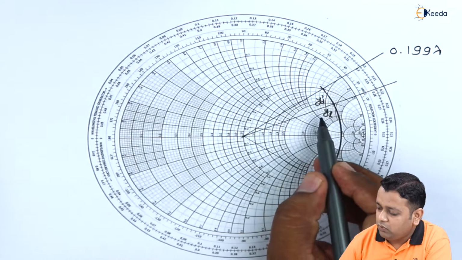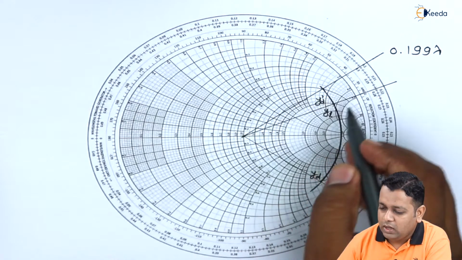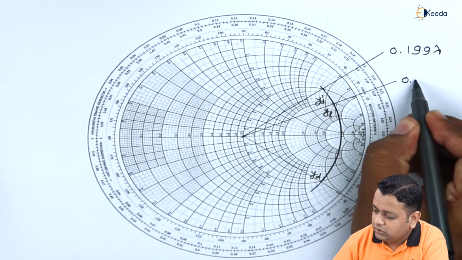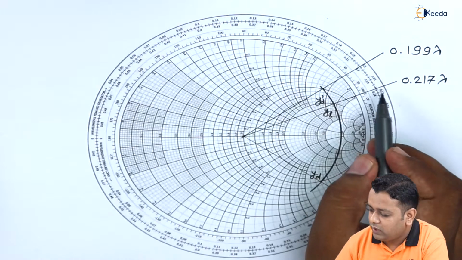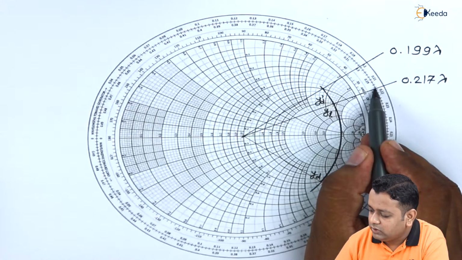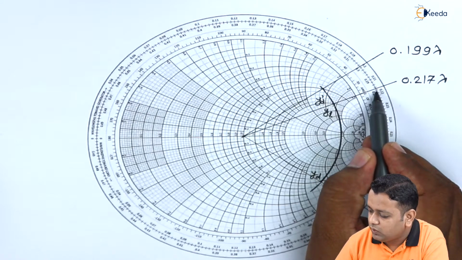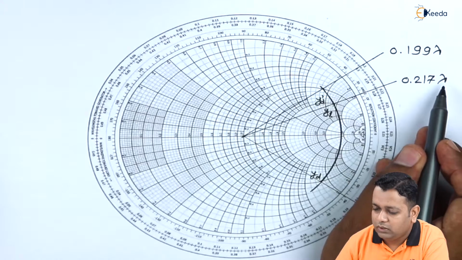Whereas corresponding to that of the normalized load admittance YL, we obtained the value up to 0.217 times lambda here, as we see in between these two here. So this is 0.216, this is 0.218, in between the midpoint here we have 0.217.